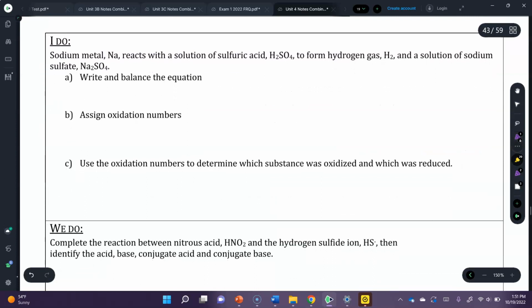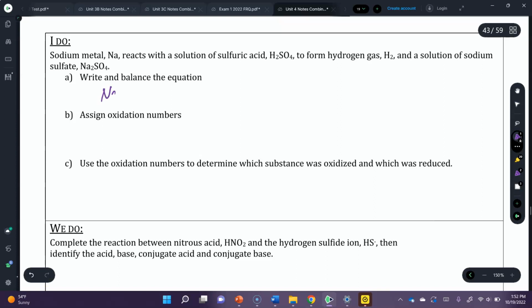Okay, so let's look at some examples. Sodium metal reacts with a solution of sulfuric acid, H2SO4, to form hydrogen gas in a solution of sodium sulfate. So we first need to write our balanced equation.